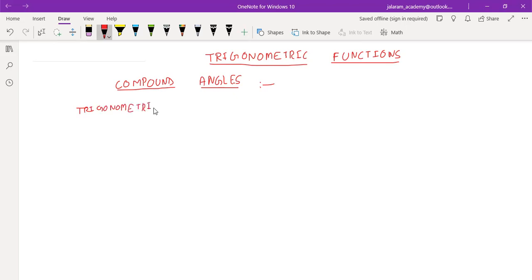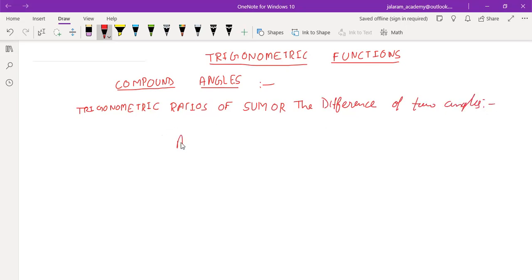Continue to write the notes in your notebook and learn these formulas also. Trigonometric ratios of sum or the difference of two angles.